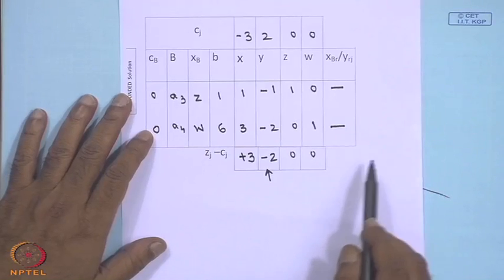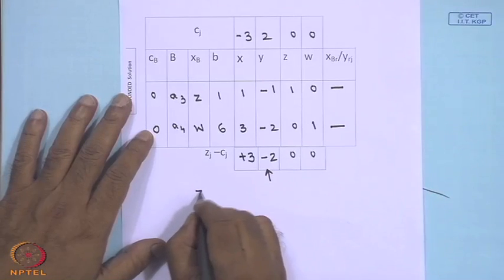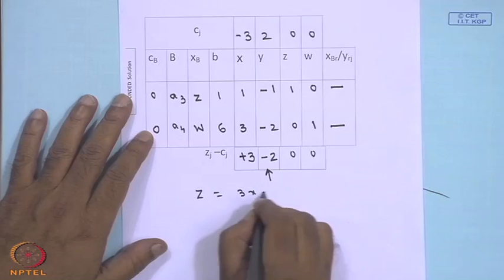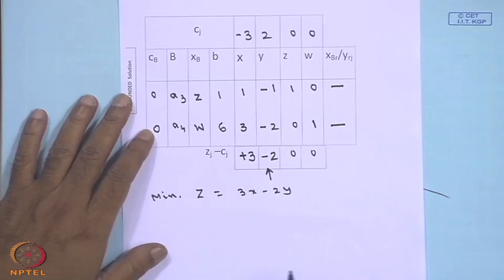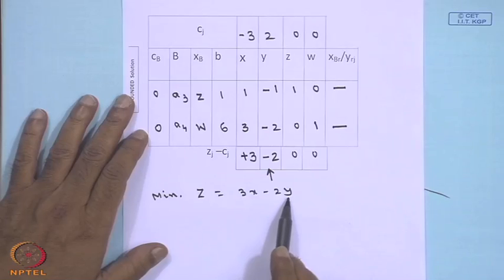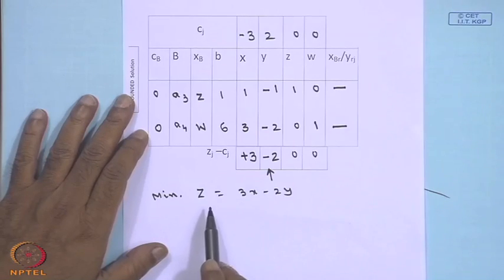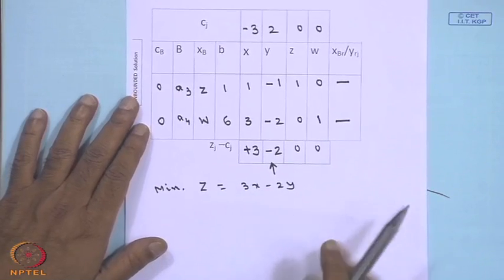The meaning is that you want to minimize the function z equals 3x minus 2y. So, if you go on increasing the value of y, z will go on decreasing.